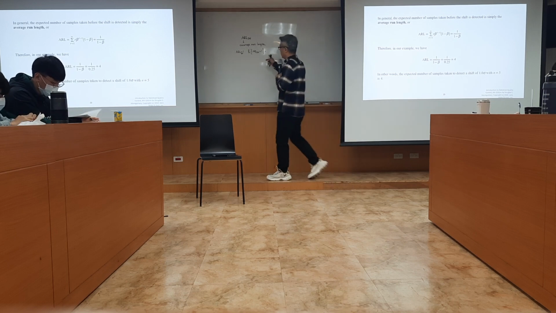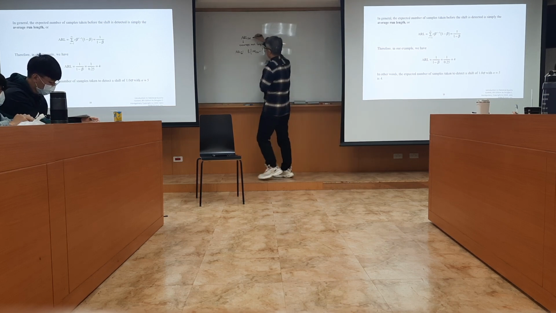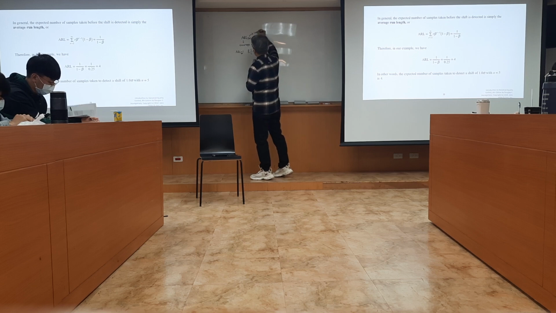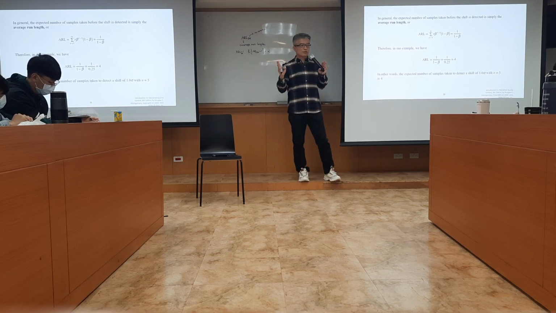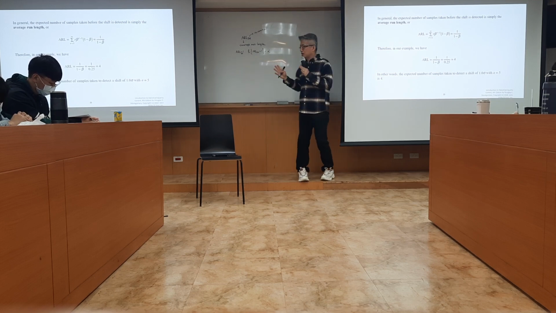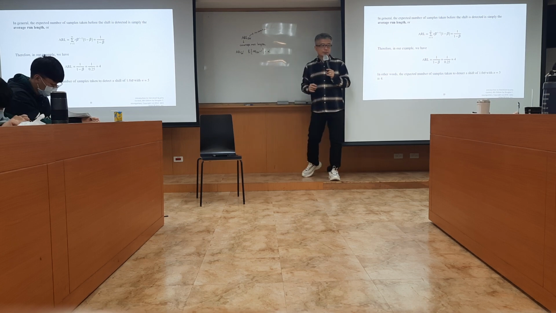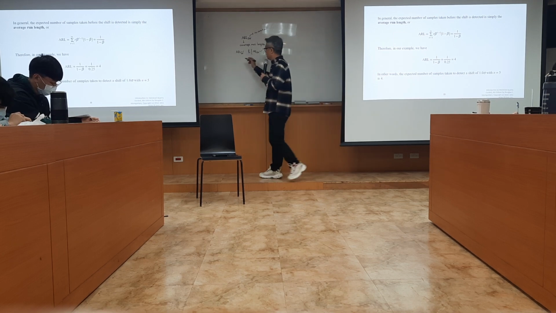So the probability is equal to alpha, and that means in control. If there is a sample point within the control limit, then the probability is 1 minus alpha.